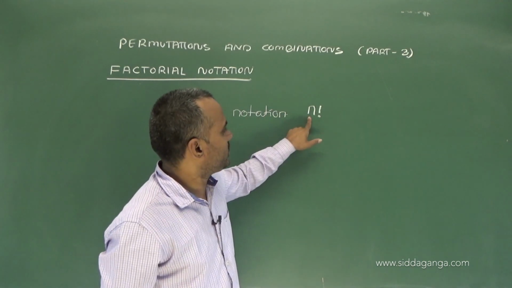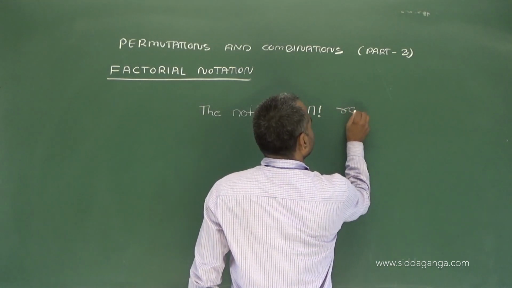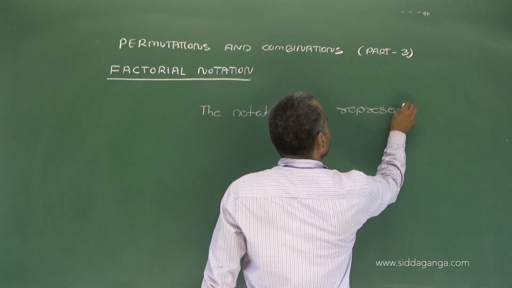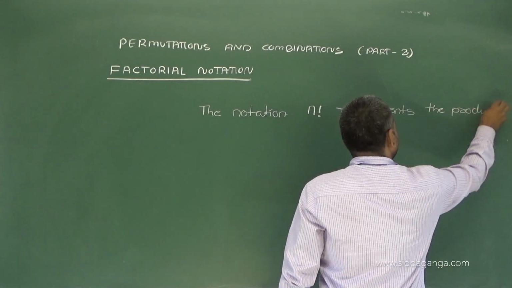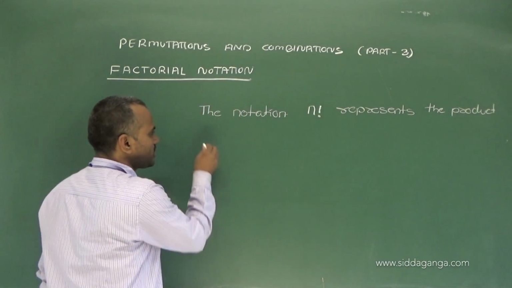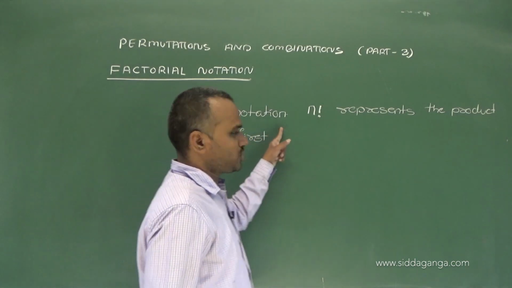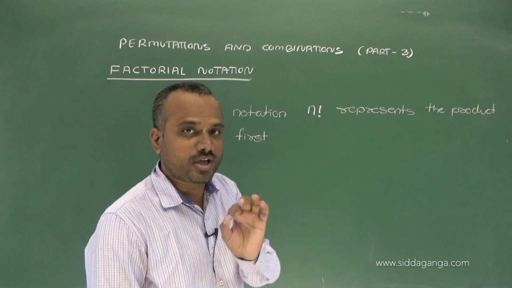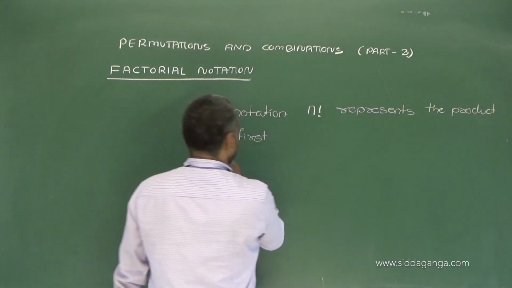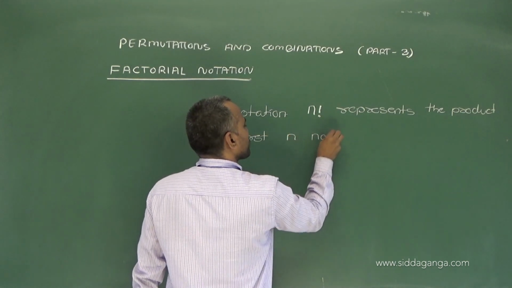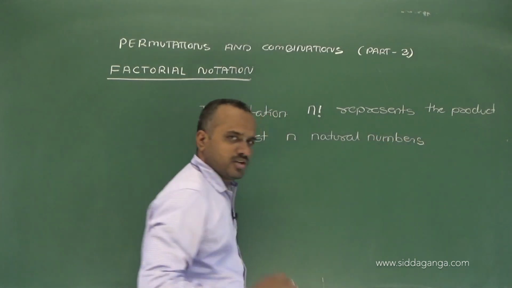The notation n factorial represents the product of the first n natural numbers. This is a simple definition.